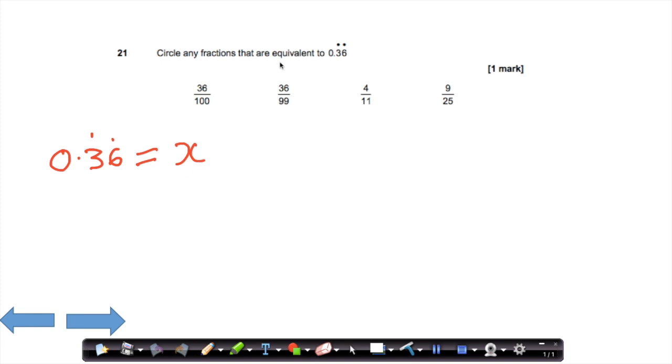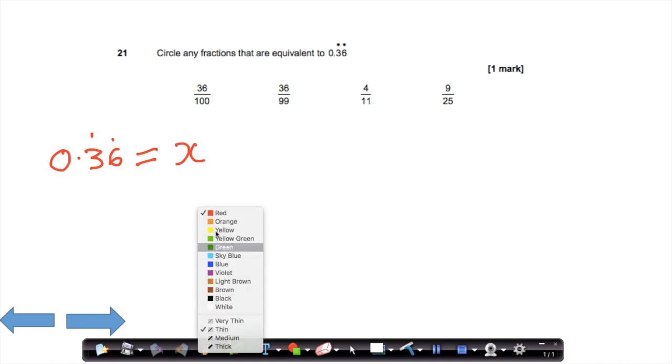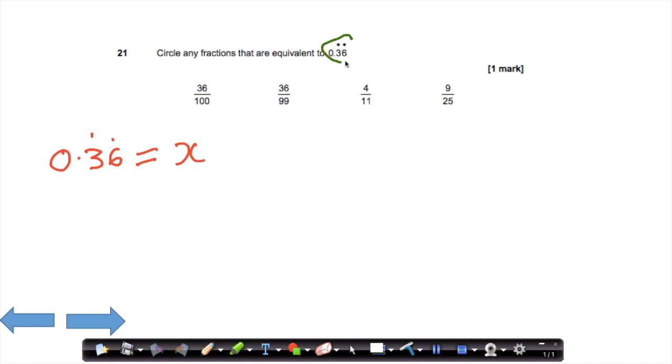Now, if you remember how to do this one, the biggest mistake is maybe you're multiplying by 10. You have to realize that because there are 2 of these numbers recurring, it means we're going to multiply by 10 to the power of 2. So instead of multiplying by 10, if there were 2 numbers recurring, that's the power that you multiply your x by.